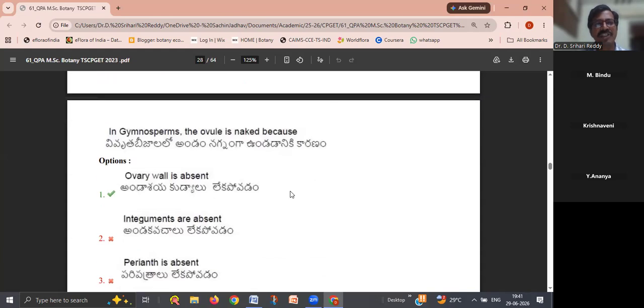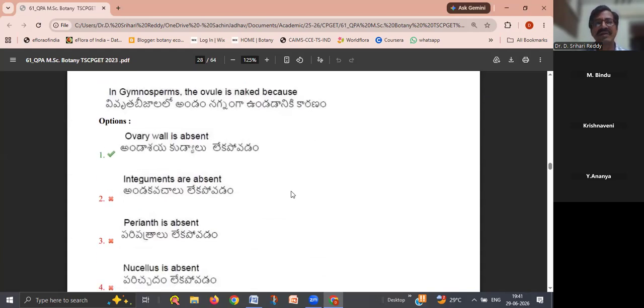Next, in gymnosperms, the ovule is naked because, see, in gymnosperms we don't find fruits. We only find seeds. Why? Because if you understand, the ovary contains the ovules. After fertilization, the entire ovary becomes the fruit, and the ovules inside become the seeds.